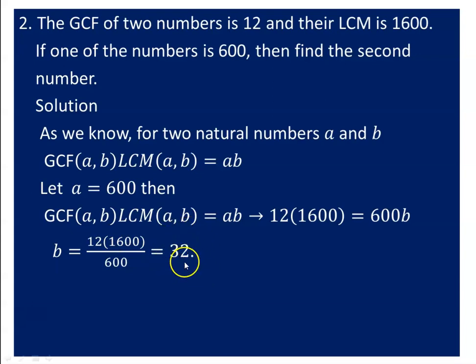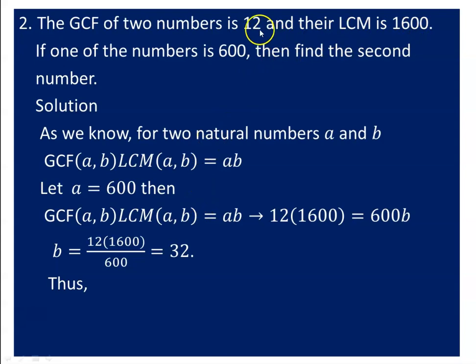Now is there any other shortcut in order to obtain this one, or is there an option of assuring that what we did is right or not? Yeah, basically we do have it, it is again just applying this one. The GCF is already known, it's 12, and the LCM is already given, it is 1600.